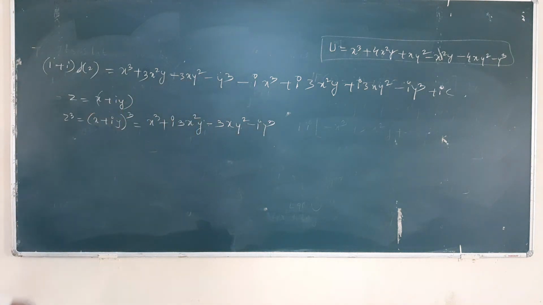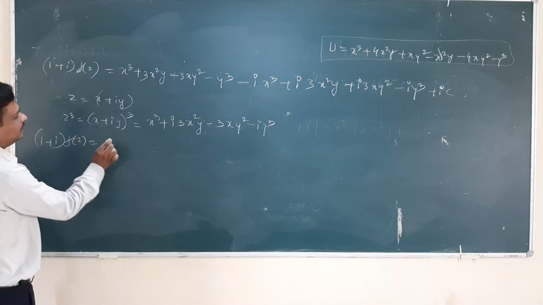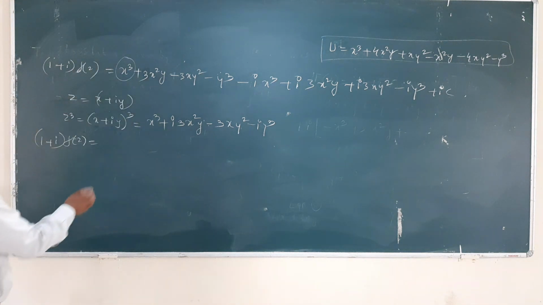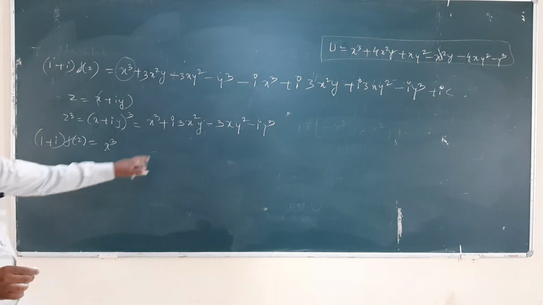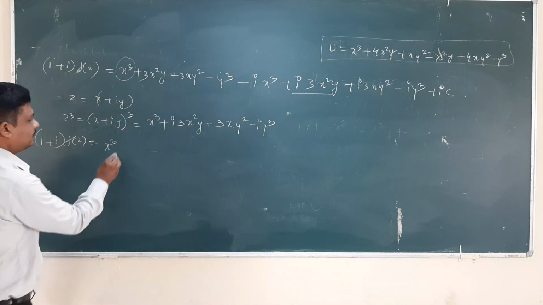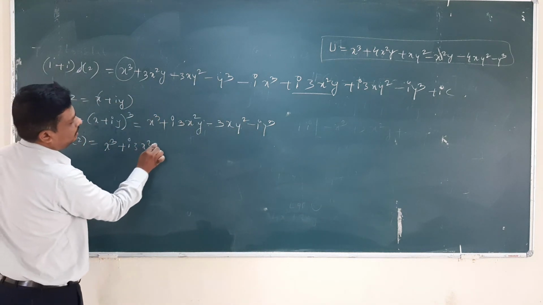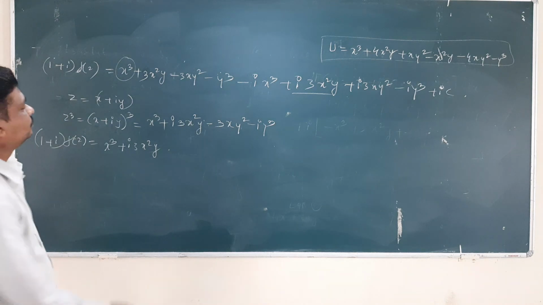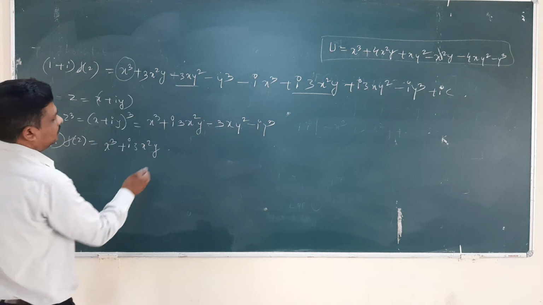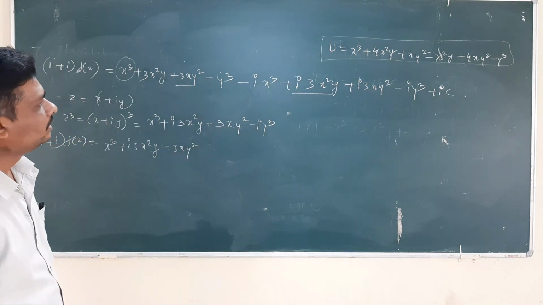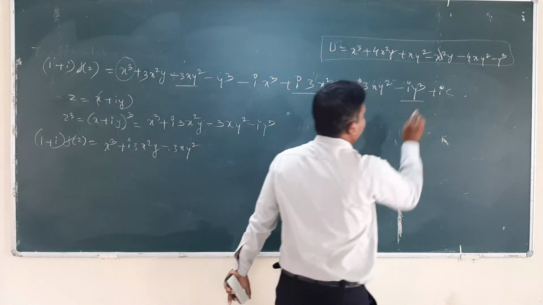So as per this, now I will arrange the terms. (1 plus i) into f of z is equal to, here I have x cube, then i 3xy square plus i 3x square y, then I need minus 3xy square, so we have minus 3xy square, then minus i y cube.